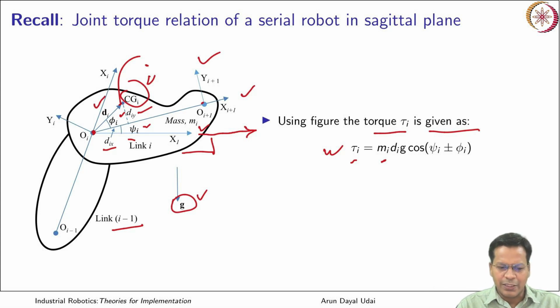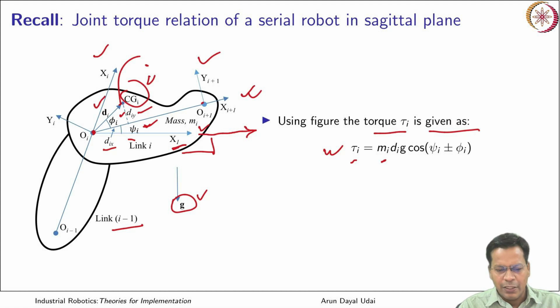Joint angle is something else. Joint angle is basically the angle between xi and xi plus 1 measured in this plane only, okay. So that is not what I am going to consider now. I have just taken psi I which is measured within this plane and from this horizontal axis xl, okay.